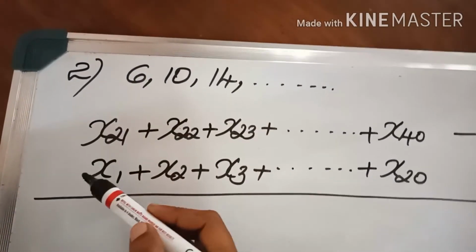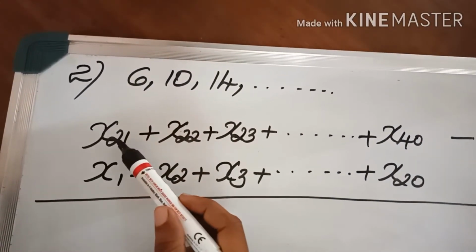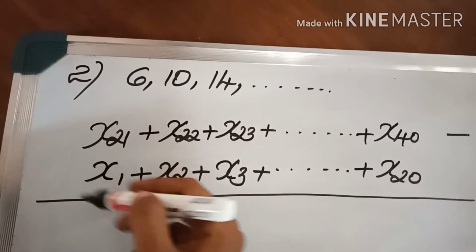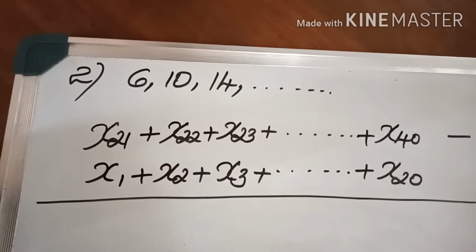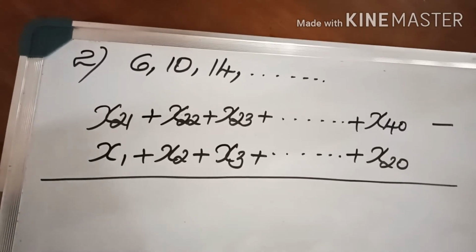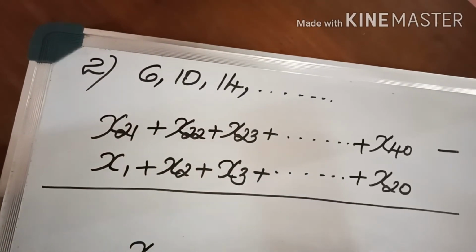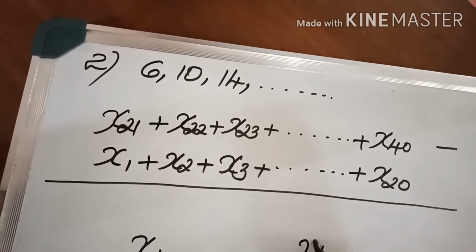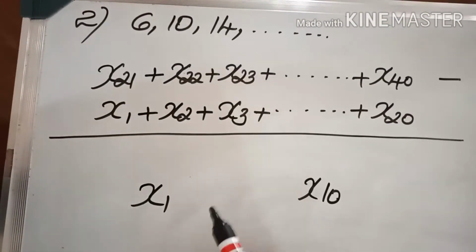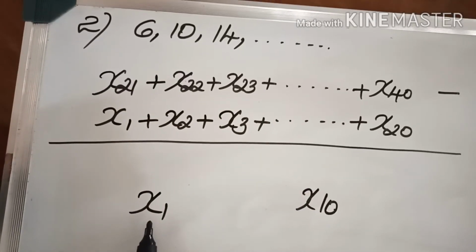Here we have to subtract each and every term. Here 21st term minus first term. What will the difference be? Difference relates to the common difference. For example, if we have the first term and we need to find the 10th term, x10, how many times will we add the common difference to the first term to get the 10th term?